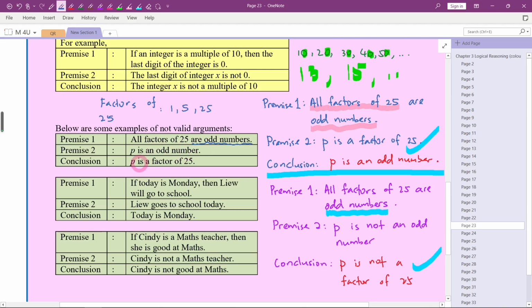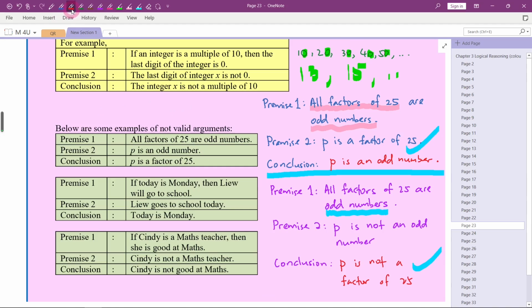And then the conclusion will be P is a factor of 25. Try to think, is it correct? No. Odd numbers can be 13, for example, 9, 11, 15, and so on. These numbers are not factors of 25, right? So this is an invalid form of a deductive argument.